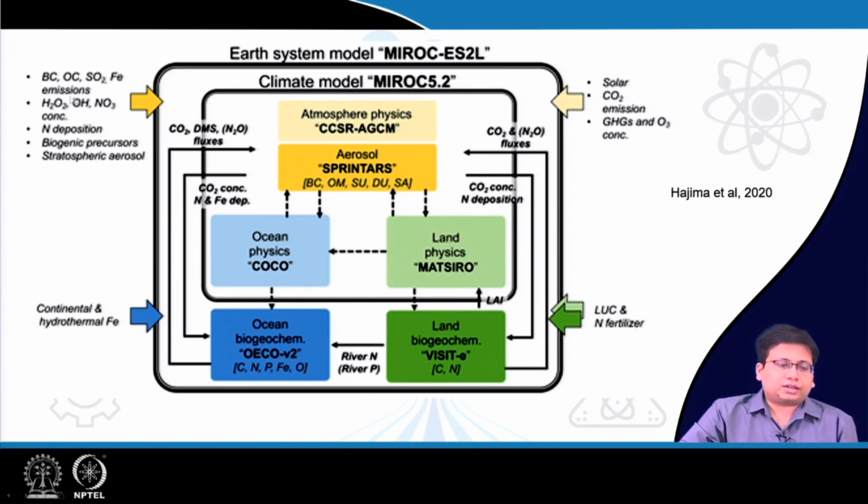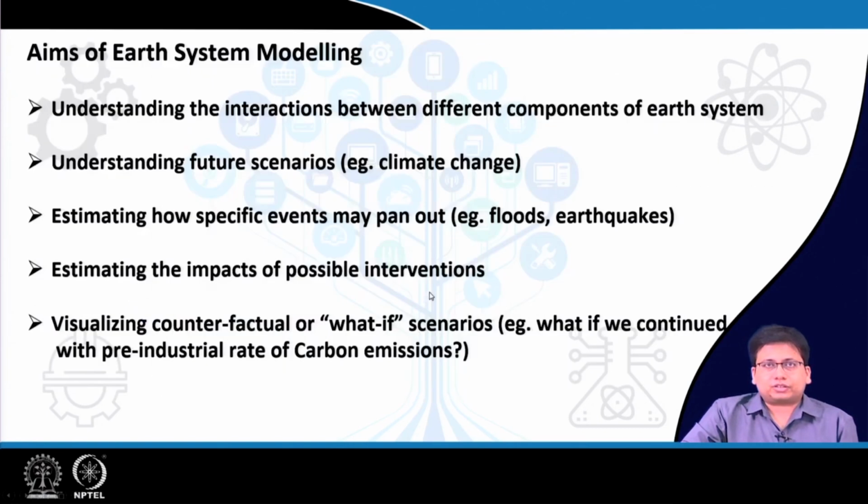But there are certain other variables or covariates which are not explicitly modeled, so they are provided as external inputs to the model. These include solar emissions, carbon dioxide emissions, greenhouse gases, etc. These either come from outside the Earth system, as in the case of solar, or they come from human dynamics, which are not modeled in this model.